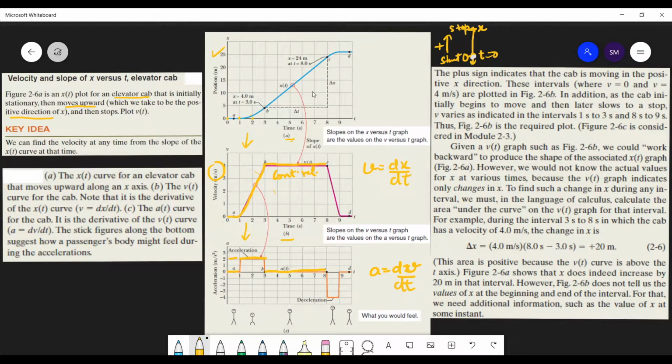Just like there was no change in position, velocity was 0. See, no change in position, slope is 0, so velocity is equal to 0. So the slope of the VT graph tells me acceleration. Slope is 0 means acceleration is 0.